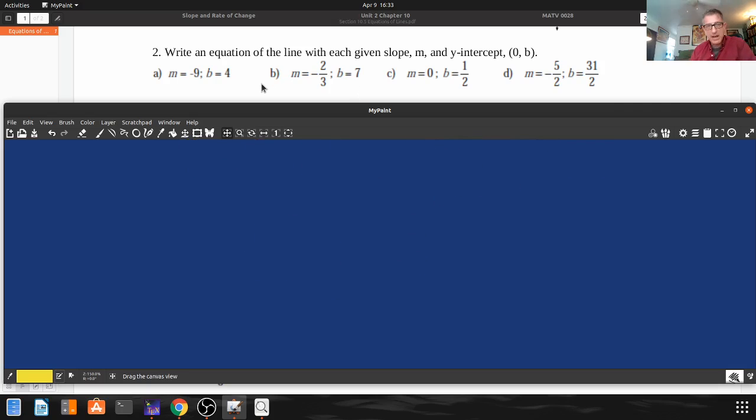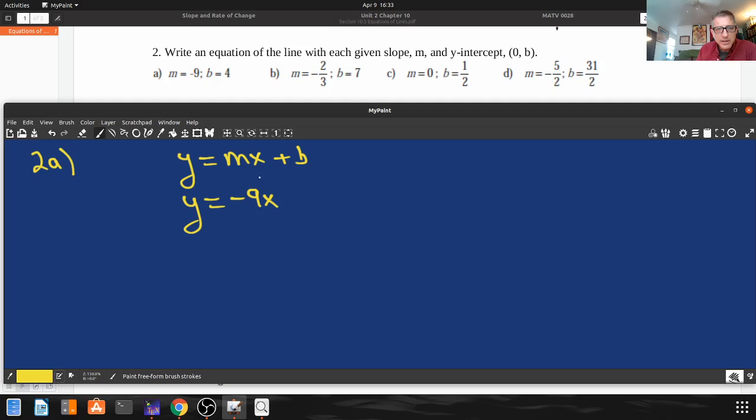So we start out with y is equal to mx plus b. This is number 2a. We are given that the m value is minus 9 and the b value is 4. Man, that was super simple. Right there, we're done.